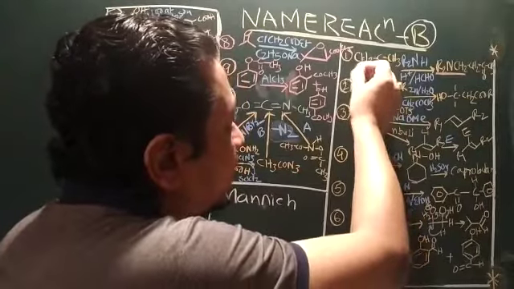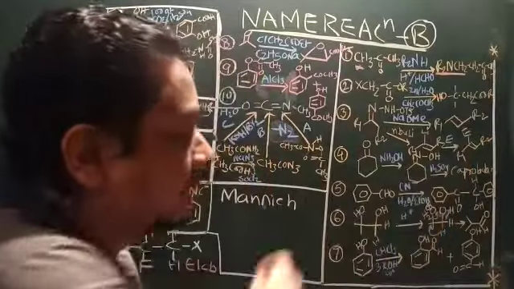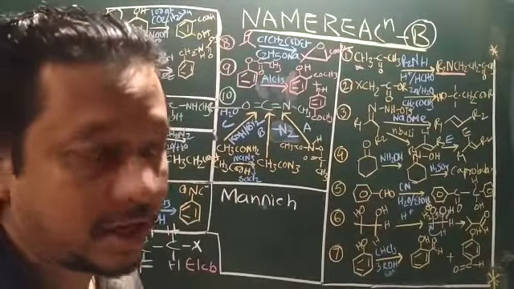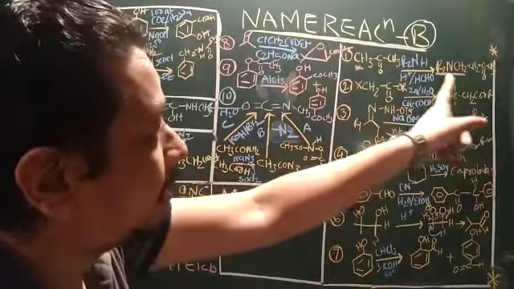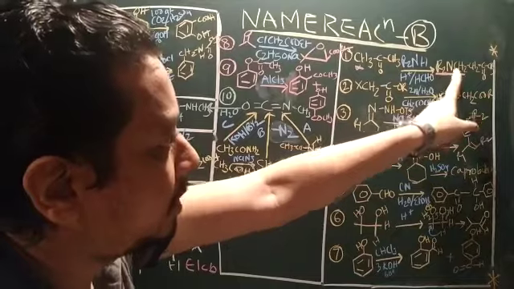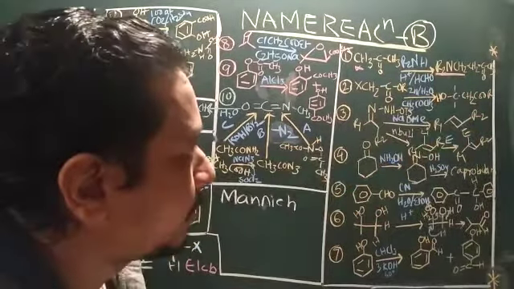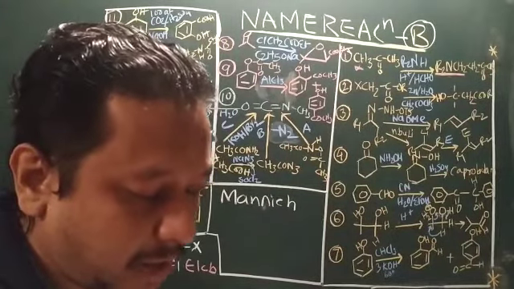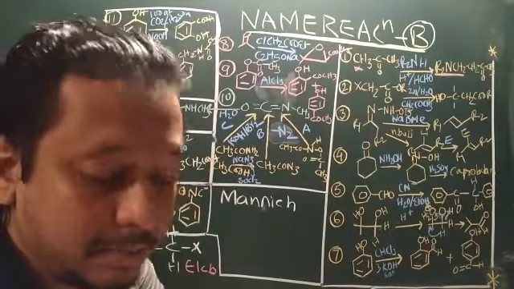If you see, this is the alpha position of acetone, which we want to extend with the help of the amine and formaldehyde. Formaldehyde supplies one carbon, and the nitrogen comes from the secondary amine, and this reaction proceeds in the presence of H plus ion. So amino alkylation of an active methylene group is the Mannich reaction.